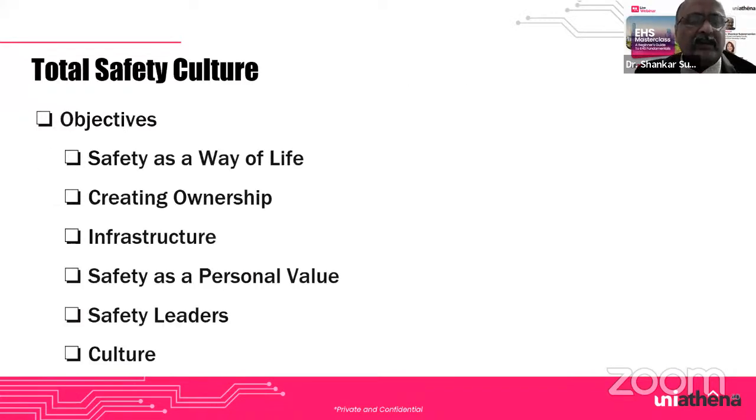So total safety culture, a holistic view, as I keep saying throughout your workshop, what I'm doing today, the webinar. So it should be holistic at all levels, and the total safety culture objectives are safety as a way of life at every level, creating ownership. Everyone should take ownership.